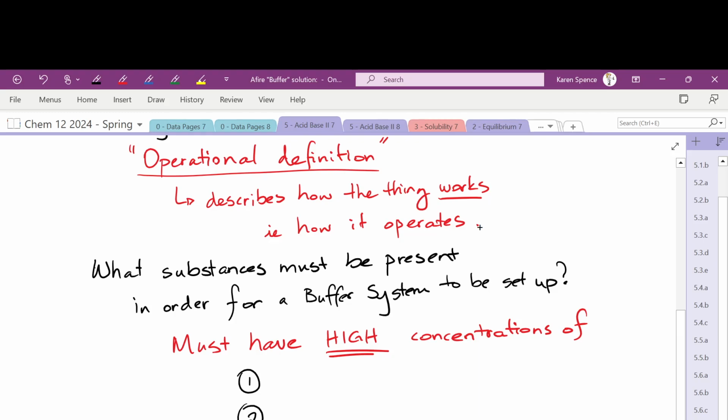What kind of chemical species do we need to have here? Remember, this is our acid-base unit, so we're probably talking about acids or bases or salts. We're probably not talking about elemental argon. We need to have a weak acid.